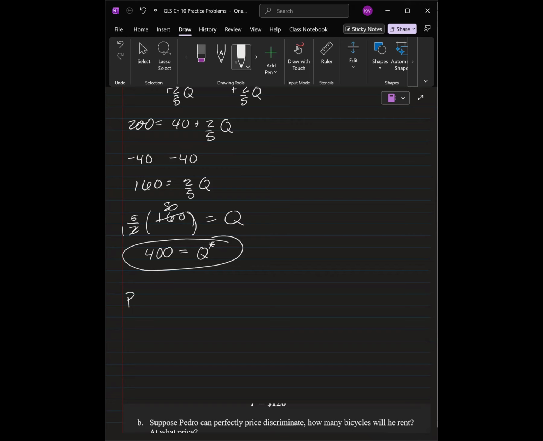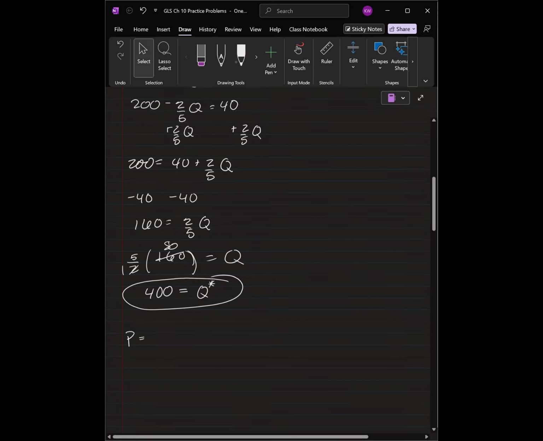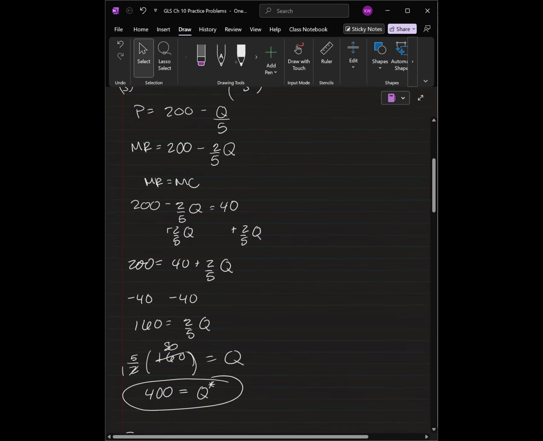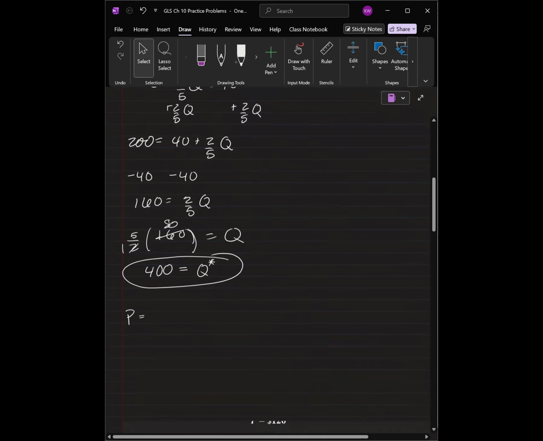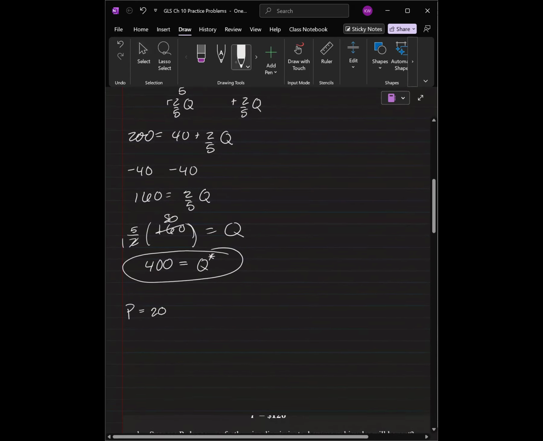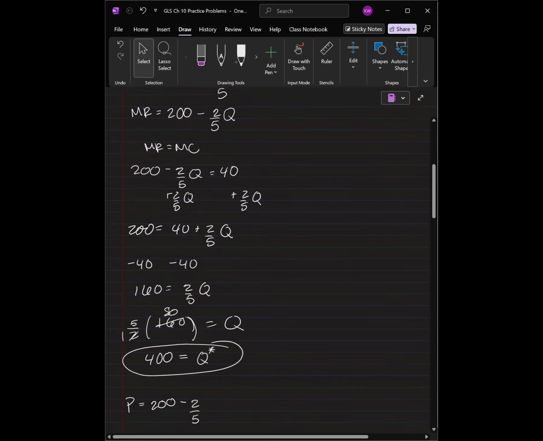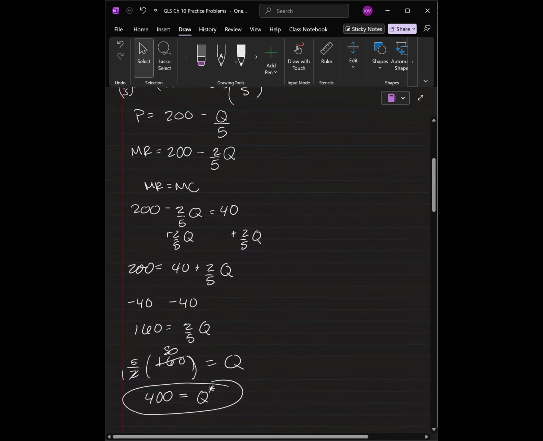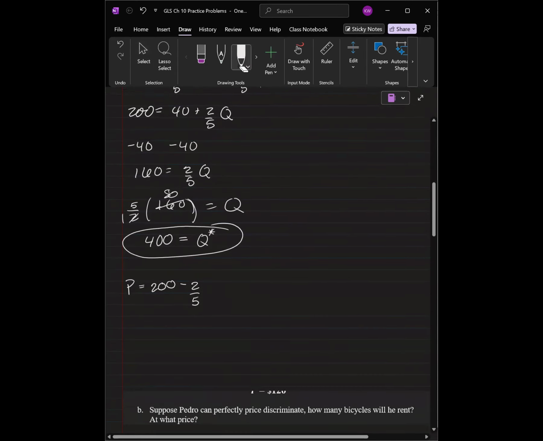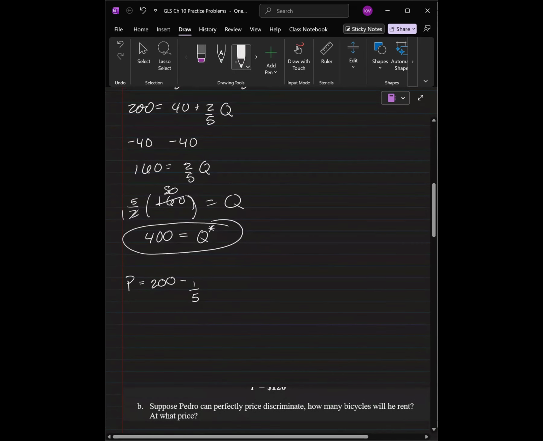And then we want to find the price that he charges. So that price is going to depend on the demand curve. He's going to mark up as high as he can. So we're just going to substitute for quantity into the inverse demand equation that we previously found for Pedro. So we'll have price equal to 200 minus 1/5 times quantity, and quantity here is 400.